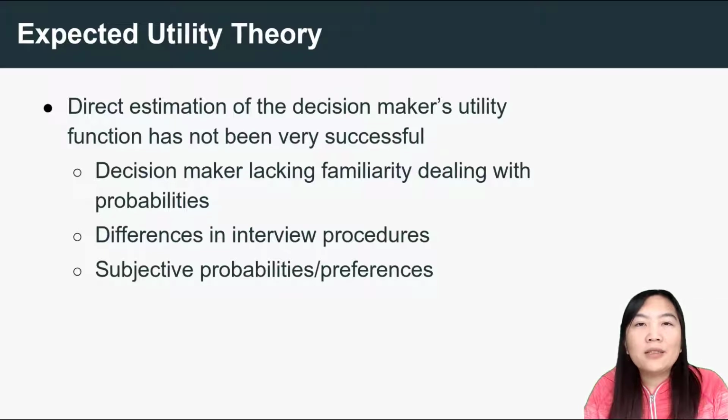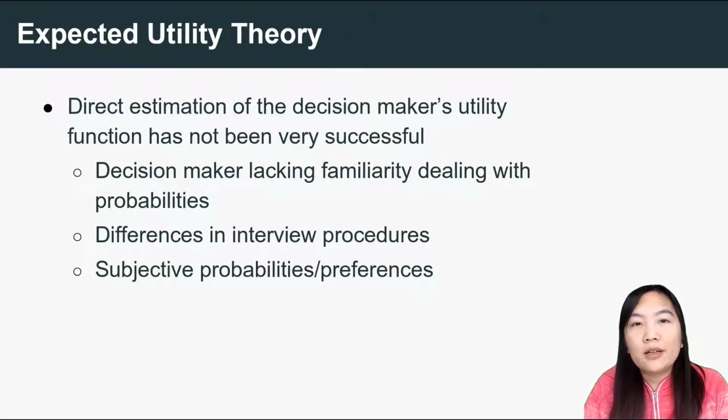Imagine you're interviewing a producer, a farmer, asking, for example, about a 10% probability of something happening.